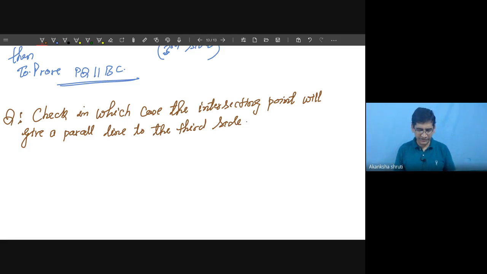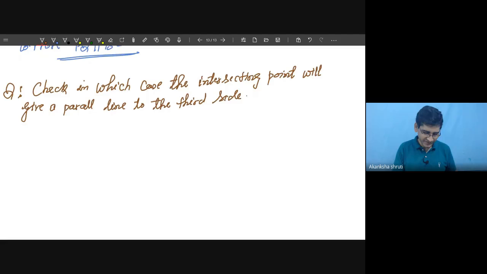In MCQ, the question may be framed. So let me take some question.